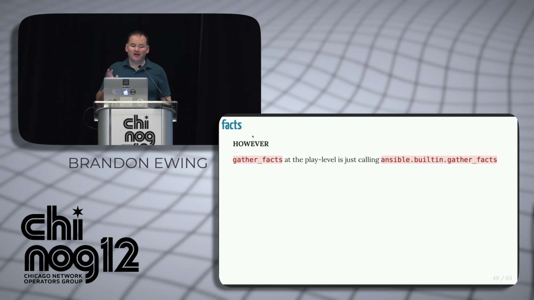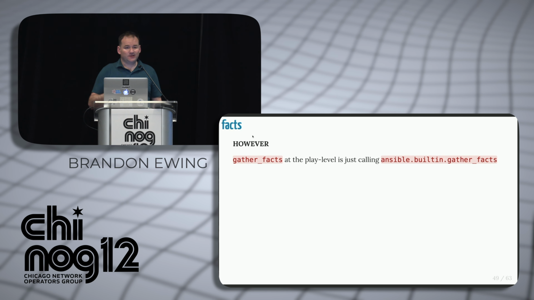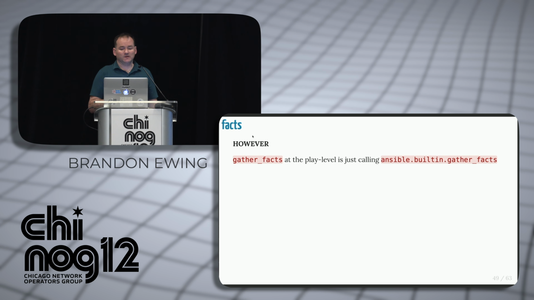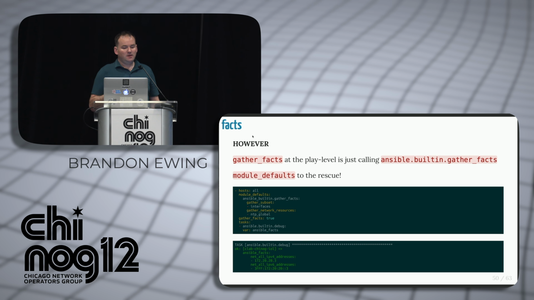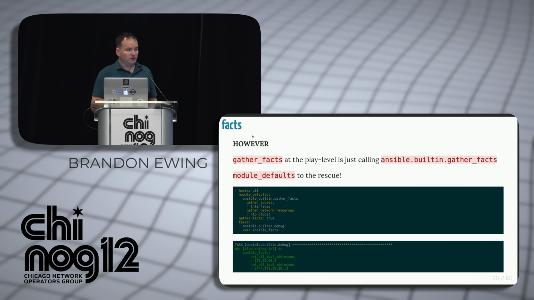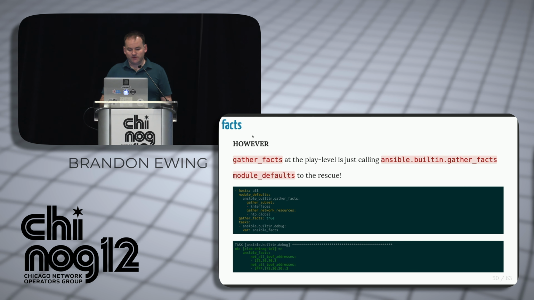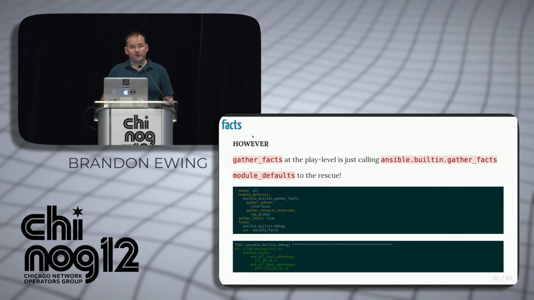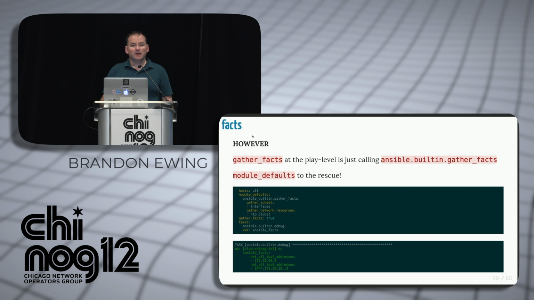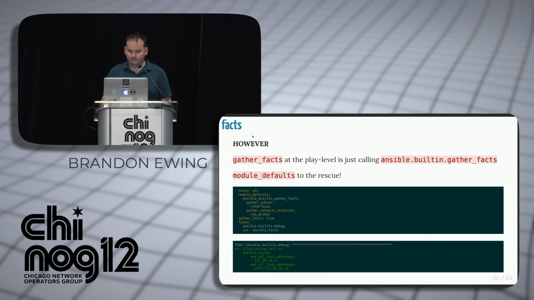However, when you run gather facts at the play level, it's really just a hidden task that calls Ansible built-in gather facts. So you can tell Ansible module defaults at the play level and have it pass in gather network resources for you, and then just turn gathering facts back on for your play. And we'll have the same result as the task that I listed earlier.